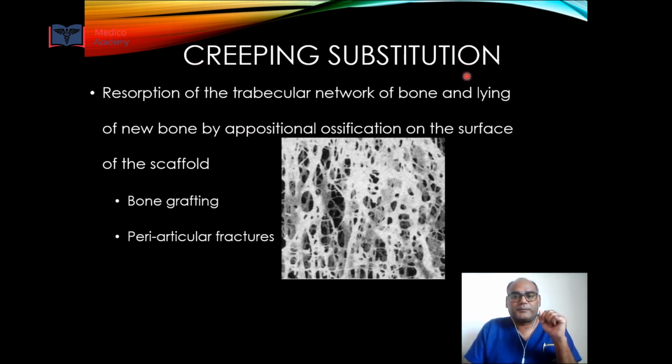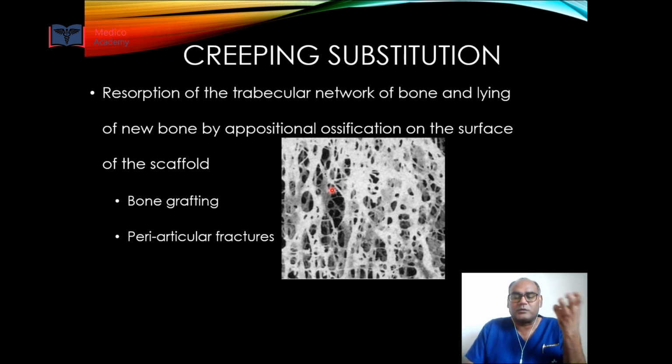Why? The same part is being substituted again by bone, and because of the creeping tissue that creeps into that trabeculae. This is the way how the cancellous bone graft will also heal. Periarticular fractures, where predominantly there is cancellous bone, will also heal by creeping substitution.